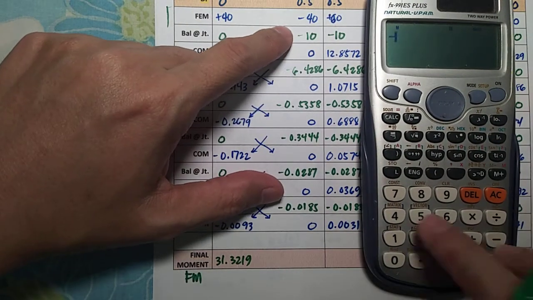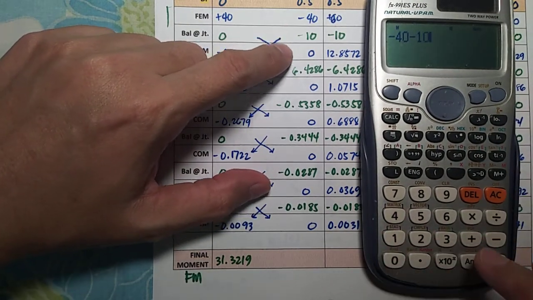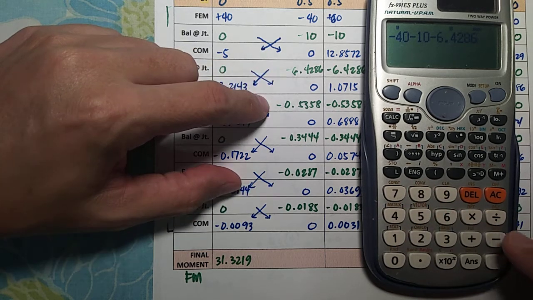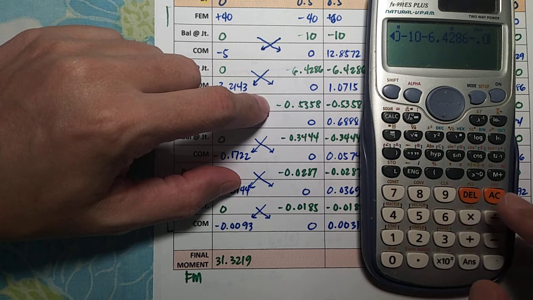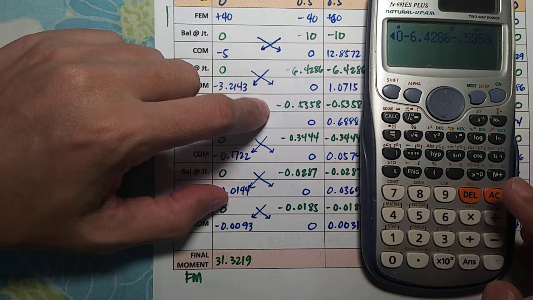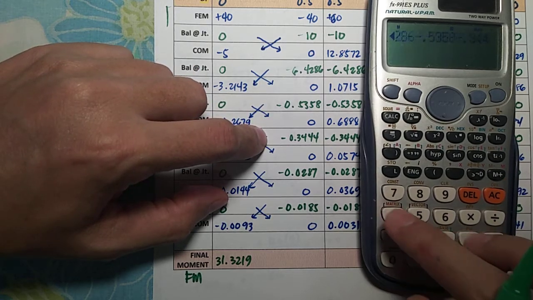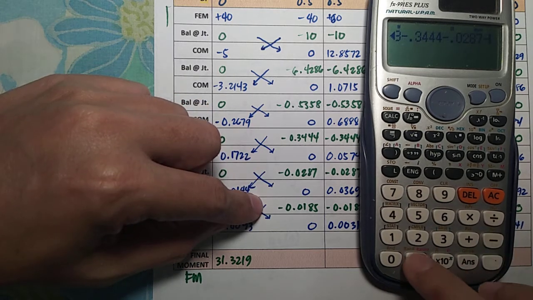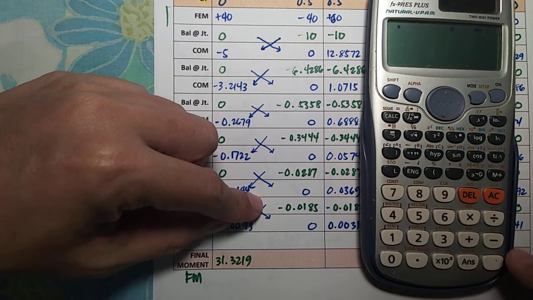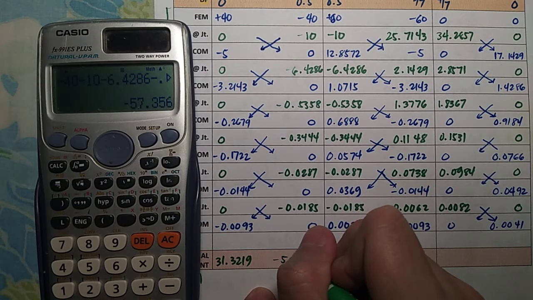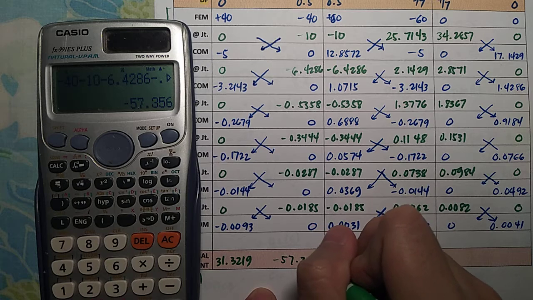So that would be negative 40 minus 10 minus 6.4286 minus 0.5358 minus 0.3444 minus 0.0287, then minus 0.0185. So the final moment is negative 57.356.